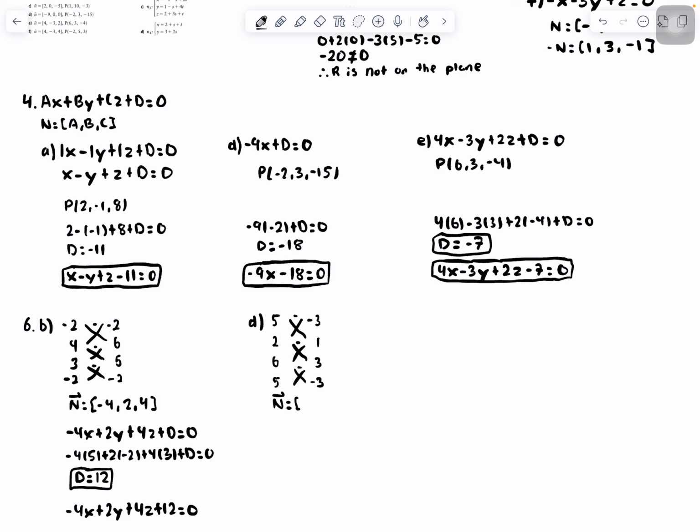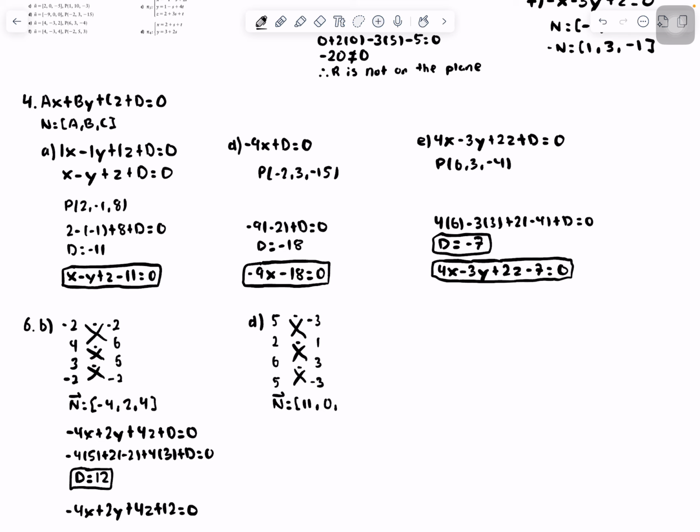5 times 1 minus negative 3 times 2. That's 11, the first component. Yep. Next component, 2 times 3 minus 1 times 6. 0. 6 times negative 3 minus 3 times 5.